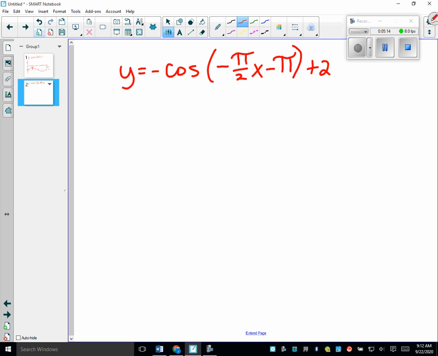Oh, yeah, sorry. It's negative pi over negative pi over 2. Right? Isn't that 2? Yep. Everybody okay with that? Yeah. And what's the vertical shift? 2. And it's going to be up, isn't it?